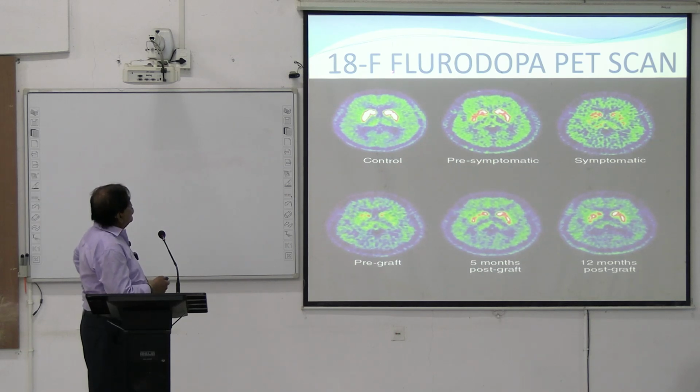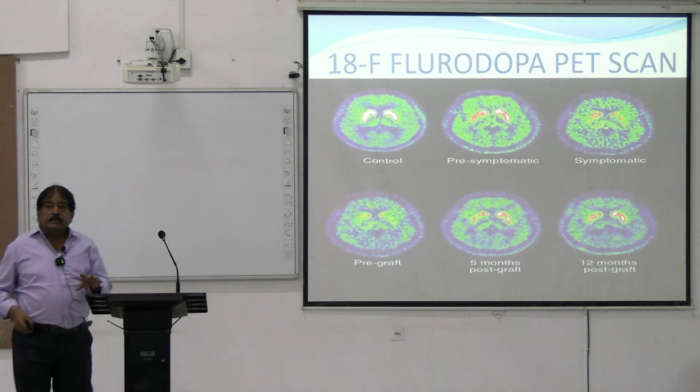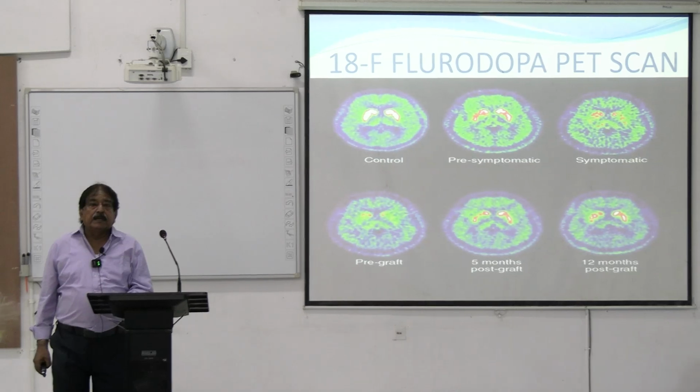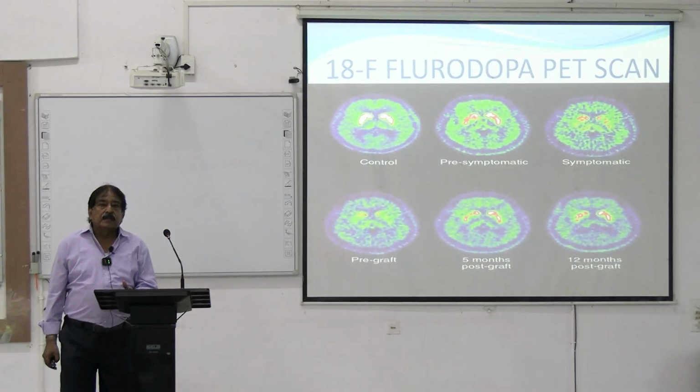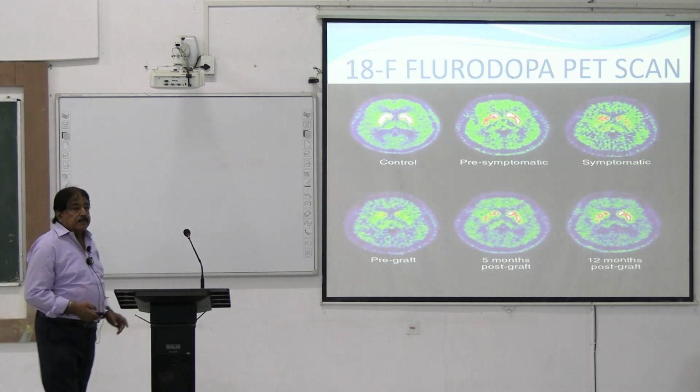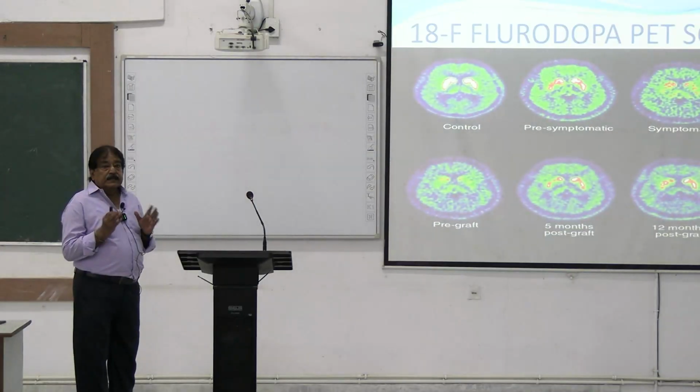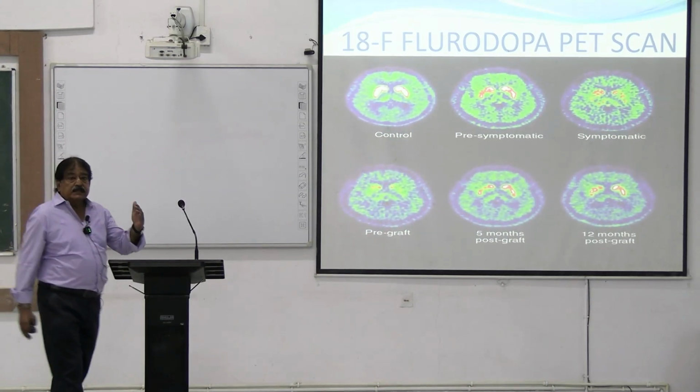Now, this is the 18F fluorodopa PET scan. This is the control. This is pre-symptomatic and symptomatic. Now, the pre-graft, 5 months post-graft, and 12 months post-graft. This is the PET scan picture. It's for the postgraduates. But you just know that things are in advance.